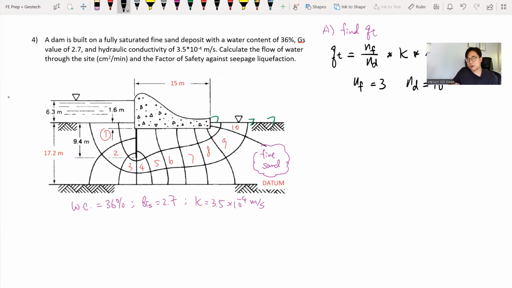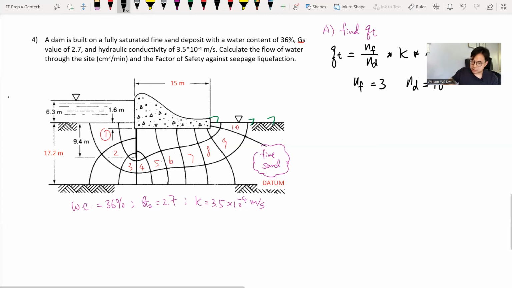So flow net problems at the FE level will be assumed to have a homogeneous site. In this case, you are given a constant hydraulic conductivity, and delta H is the head difference between upstream and downstream.